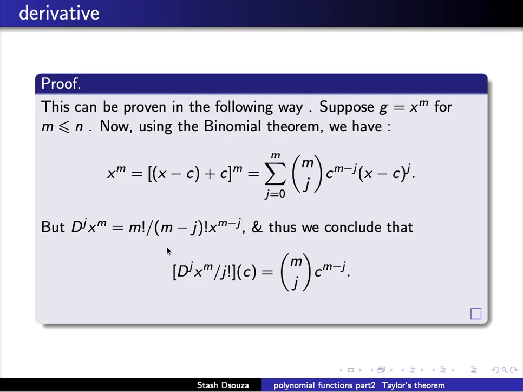And thus we conclude that the jth derivative of x to the power m over j factorial evaluated at c is this same expression with x replaced by c, and c to the power m minus j, and don't forget that we have the j factorial in the denominator. That gives us the binomial coefficient m choose j.